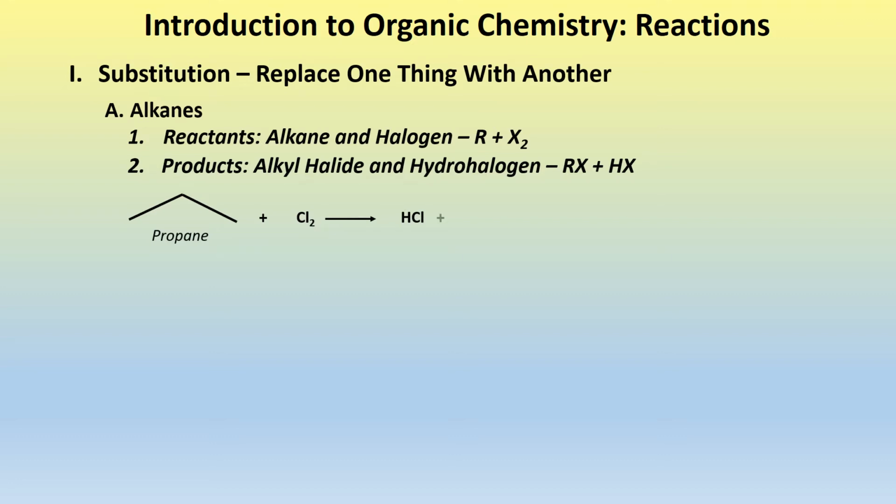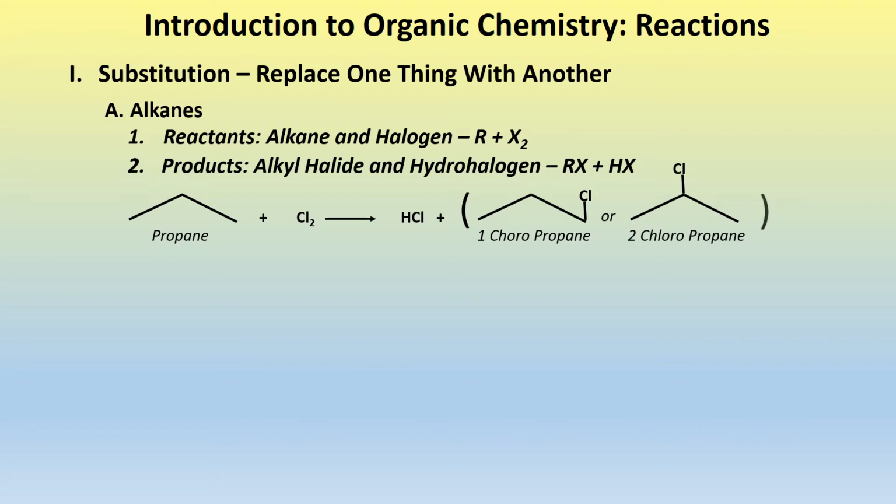However, as propane has two unique positions, there are two possible outcomes. You could either make 1-chloropropane or 2-chloropropane. The question is, which one predominates? The answer lies in something called a mechanism. If you look at the structures of propane and chlorine, you realize hydrogen is more electronegative than carbon.